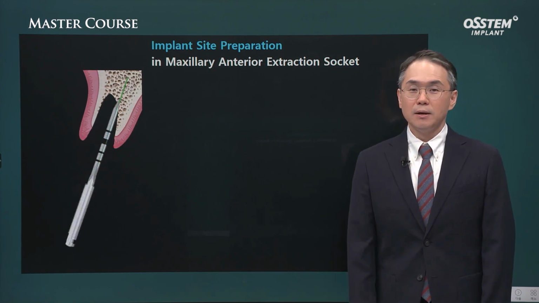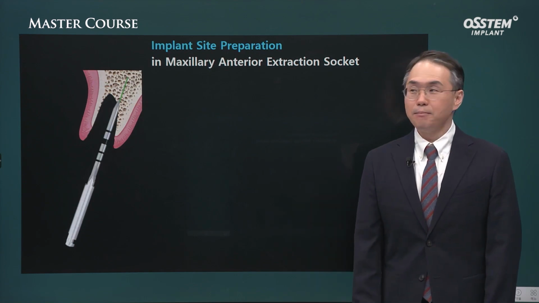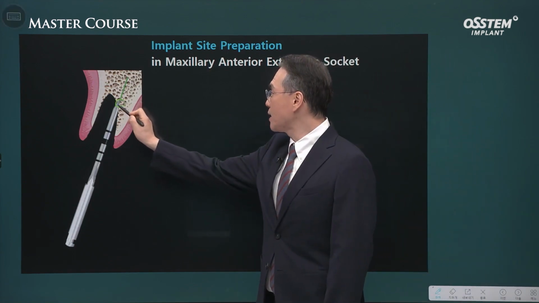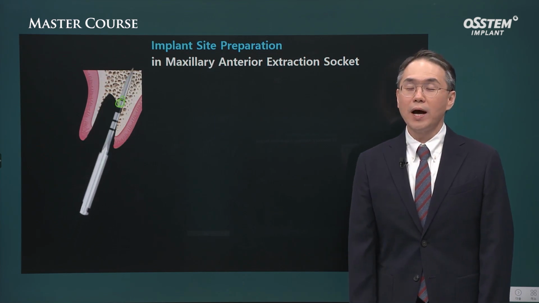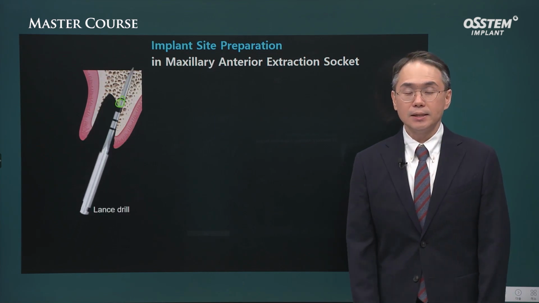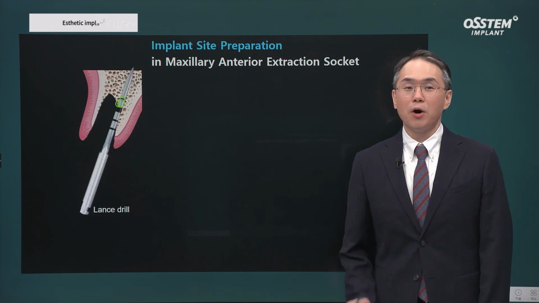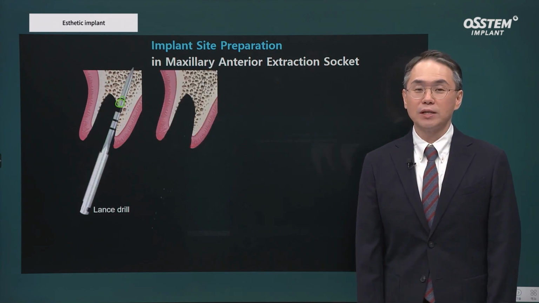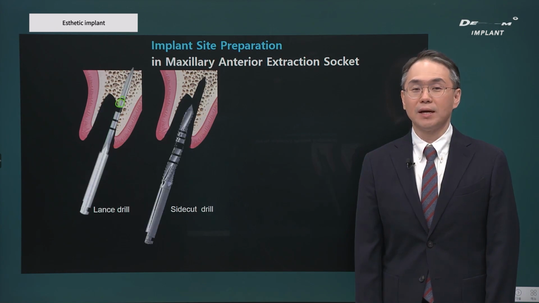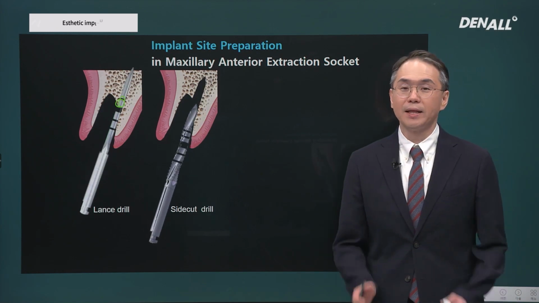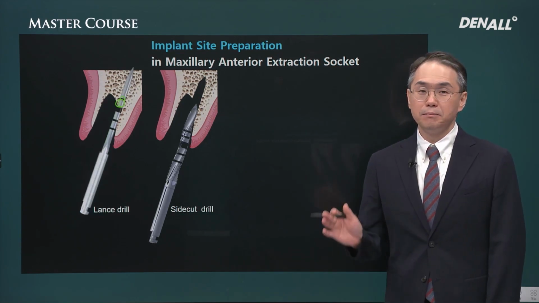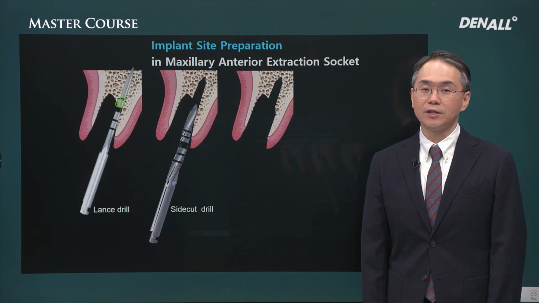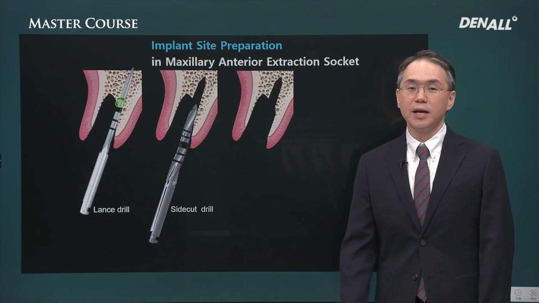So when we drill into an upper anterior extraction socket, we need to make an indentation on the lateral palatal wall rather than the root apex. Also, as we place the tapered TS3, in order to prevent it from becoming buccally rotated, a side-cutting drill needs to be used to expand. By doing this, the wide top of the TS3 implant will not be buccally rotated out.